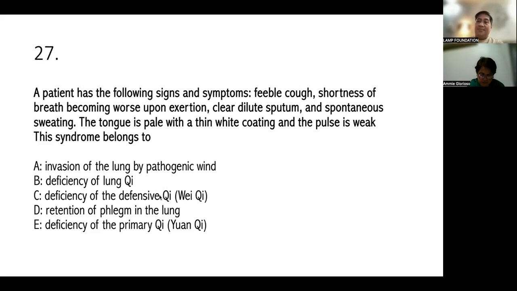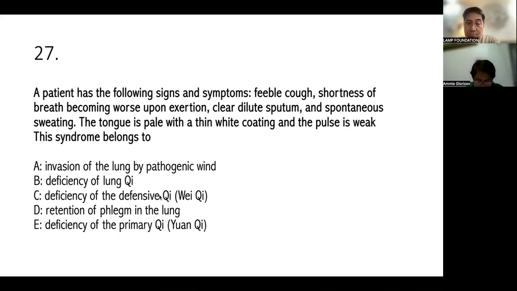Number 27. A patient has the following signs and symptoms: cough, shortness of breath becoming worse upon exertion, clear dilute sputum and spontaneous sweating. The tongue is pale with a thin white coating, it's normal. The pulse is weak.